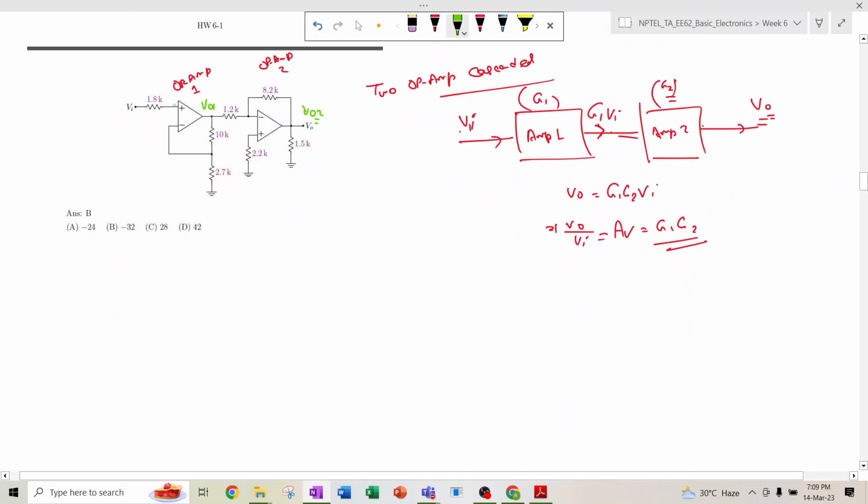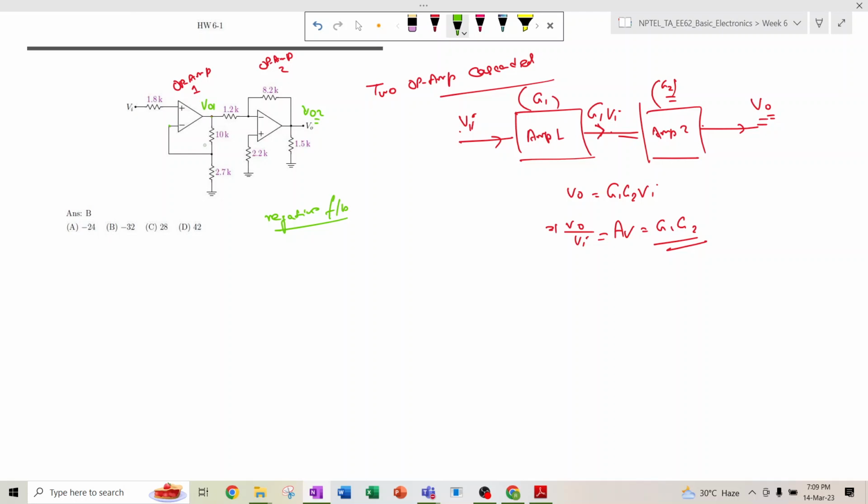At first you need to see what the feedback is. This is negative feedback. Why? Because there is a feedback path from the output to the inverting terminal, right?